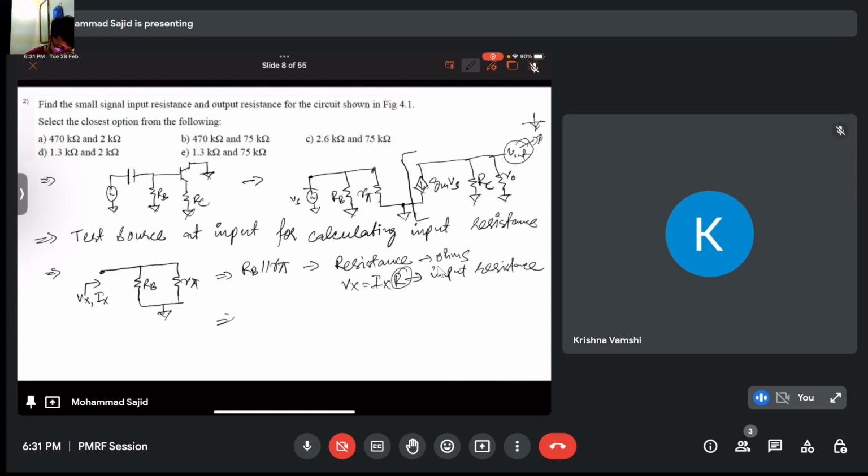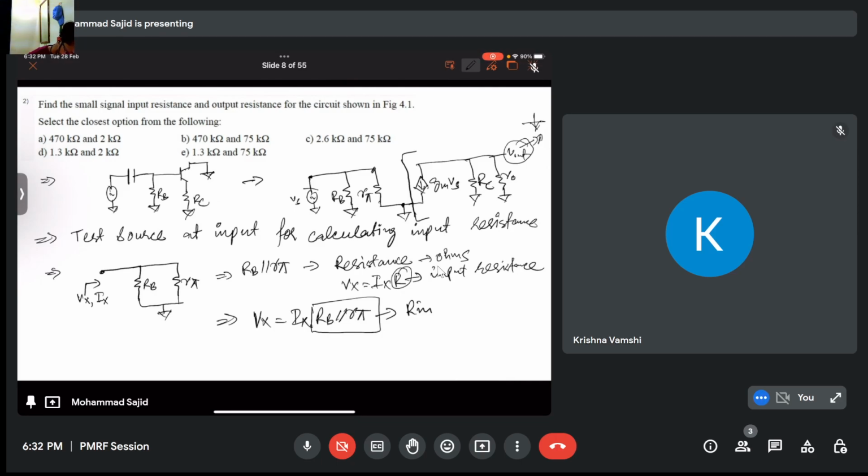So here we will get Vx equivalent to Ix times Rb parallel R pi. So my input resistance is equal to the parallel combination of Rb and R pi.